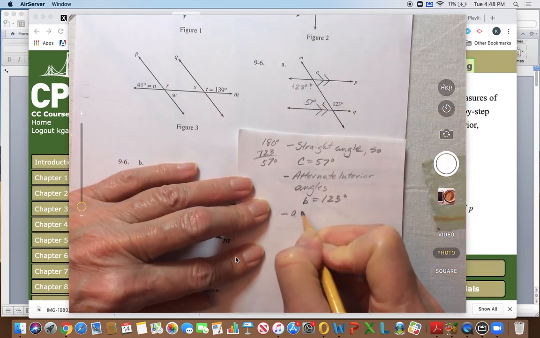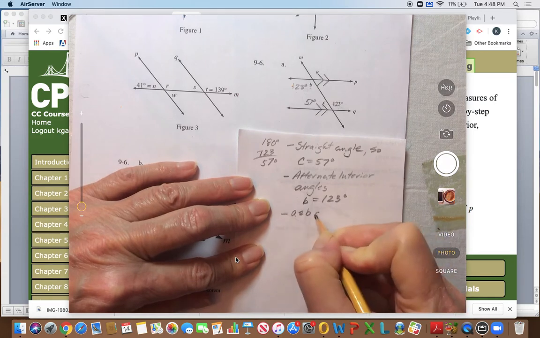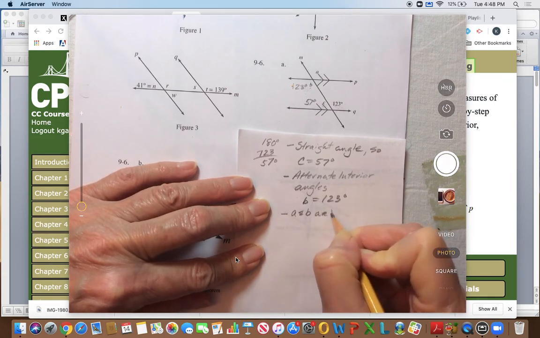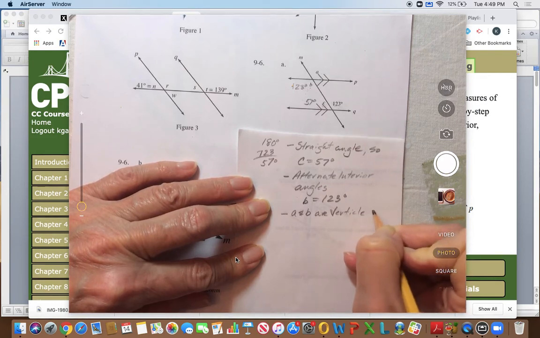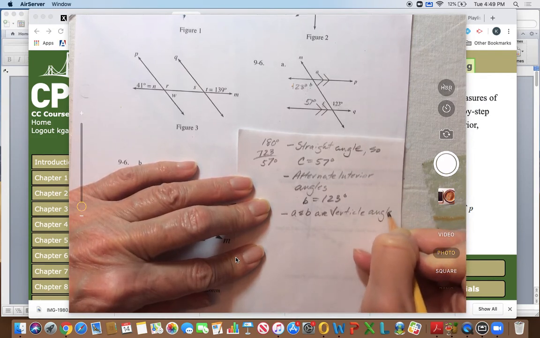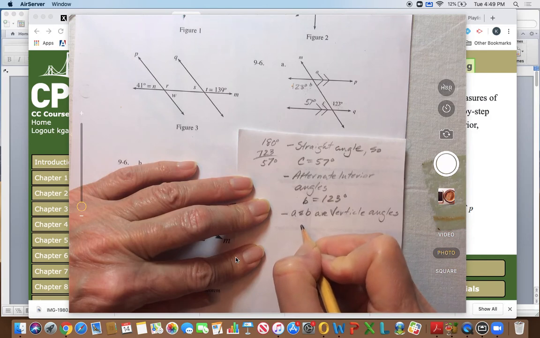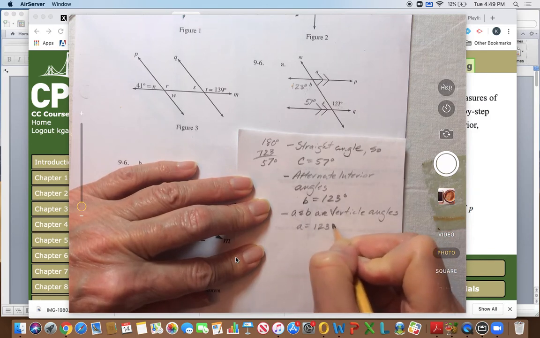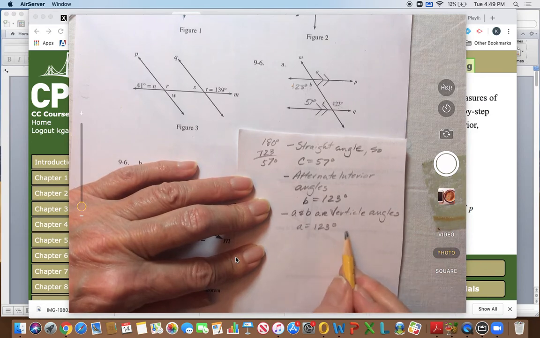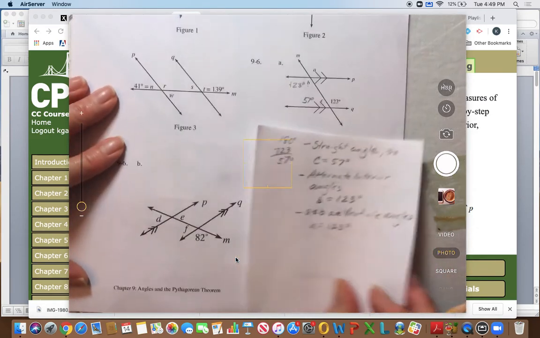So A and B are vertical angles. So A is equal to 123 degrees. Okay, so we're done with that one.